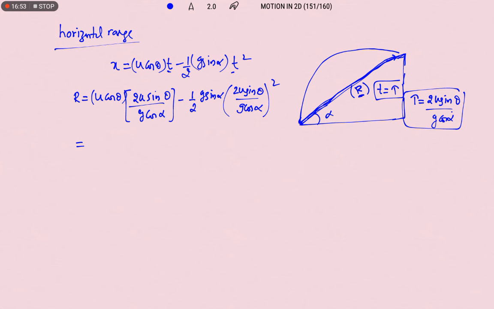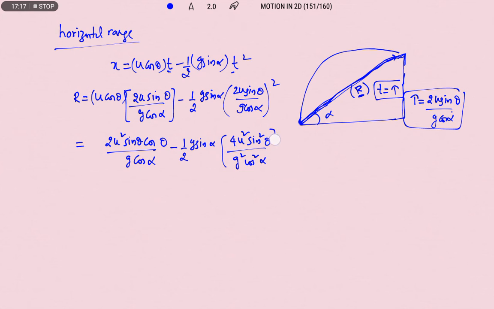We are going to get 2u square sin theta cos theta by g cos alpha minus 1 by 2 g sin alpha, we can write as 4u square sin square theta by g square cos square alpha.